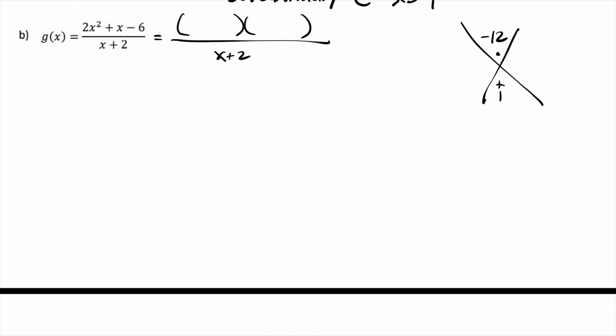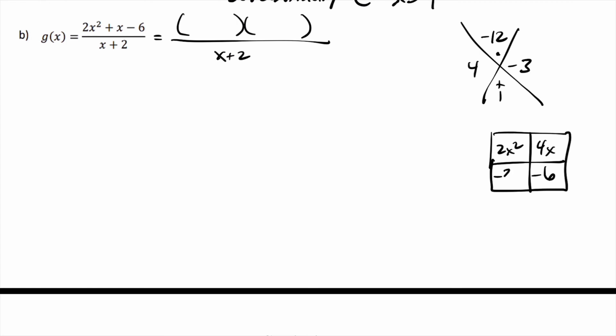That is 4 and negative 3. 2x squared minus 6, 4x minus 3x. 2x, x minus 3 plus 2. So it's going to be 2x minus 3 and x plus 2. That's what it's going to factor to.